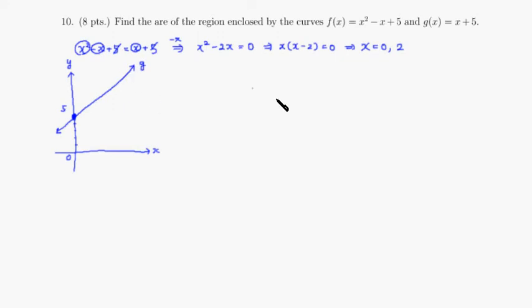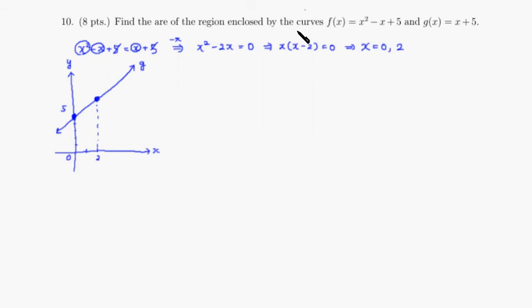And then you have f, a parabola, and leading coefficient is positive, so it's facing up. And we're going to have intersection at x equals 0 and x equals 2. So here's our 2. So it's going to go up here. That's going to be another intersection.